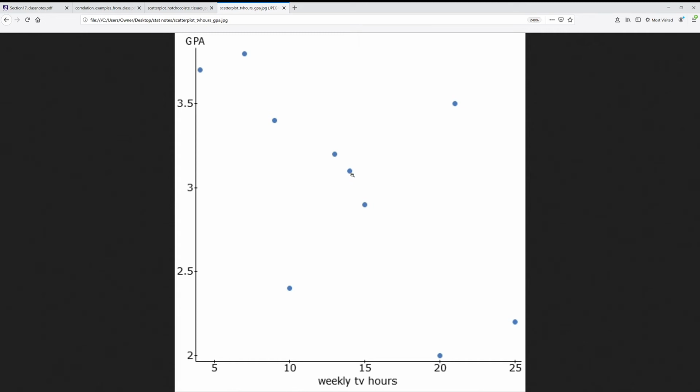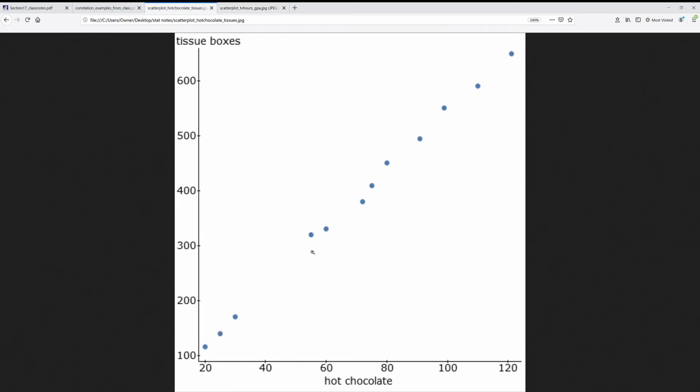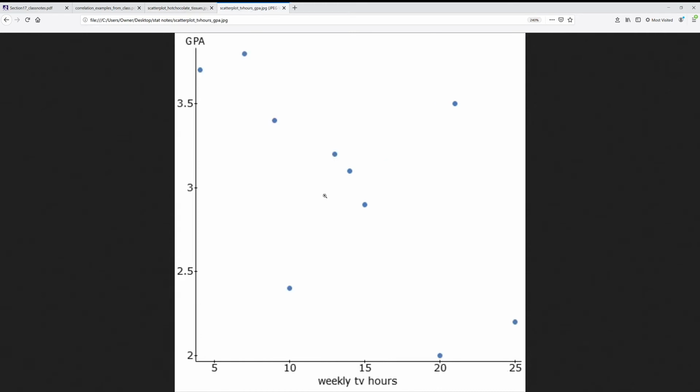You got a dot close to the line, the prediction is pretty good. You got a dot far away from the line, the prediction is pretty bad. Now, if all the dots are close to the line, then of course the worst prediction, which is maybe here, is still going to be pretty good. But if the dots don't form a line quite so tightly, if the correlation is a little lower, then some of the predictions will be reasonably close, and some of the predictions will be very far away.